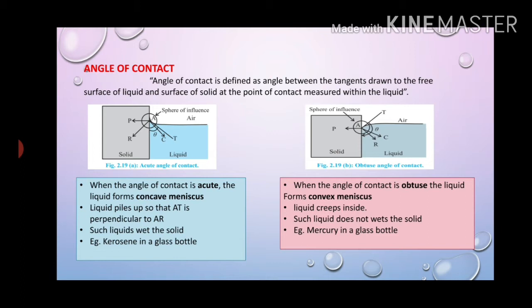Here you can see that the liquid has a convex meniscus at the point A. When the angle of contact is obtuse, the liquid forms a convex meniscus and the liquid creeps inside at the point A. Such a liquid will never wet the solid, for example, mercury in a glass bottle. If mercury is poured inside a glass bottle, you can see that the liquid meniscus is convex.